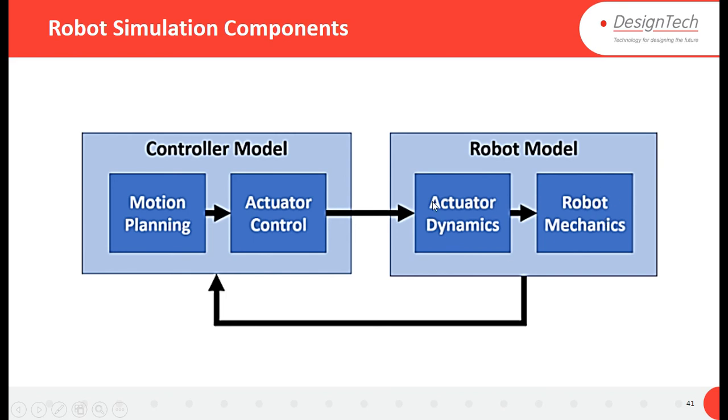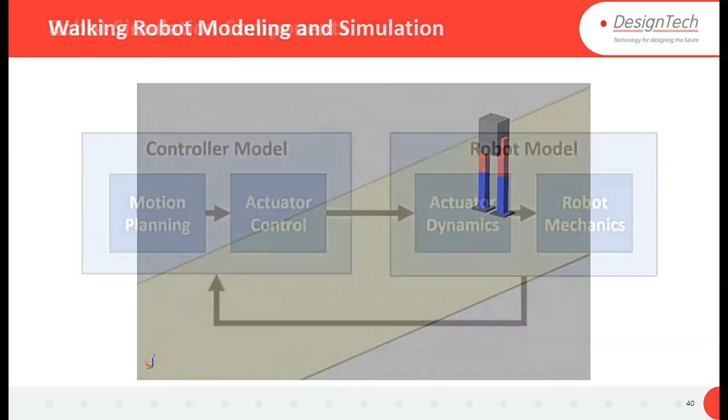Once we have the mechanics and actuator dynamics, we require a controller model to control this, based on the motion planning, that is, how my robot will move. We will have some reference output like we saw in the controller part, and this controller will control the actuator, and the actuator will be responsible to move the robot. This is the complete robotic system if I am talking about this walking robot.